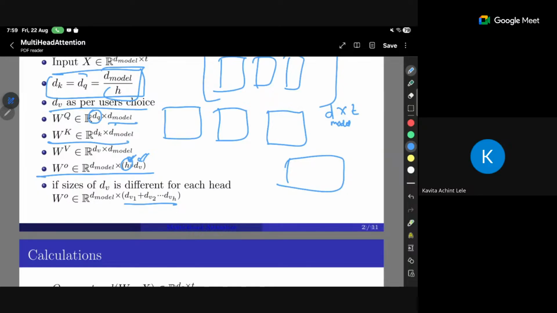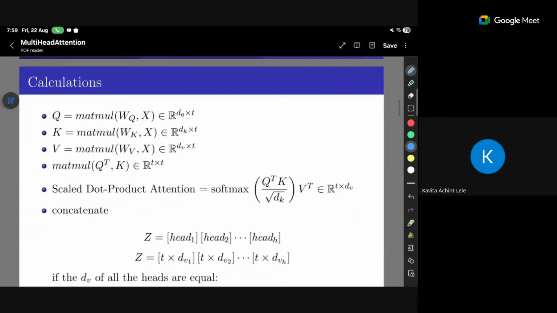That's how you'll produce the wo. Okay. If I show you the multiplication of, let's say, wq with x, then you'll get a matrix of dq cross t. Similarly you get dk cross t, dv cross t, and the final q transpose k multiplication will produce a t cross t matrix. And if you multiply by v transpose, you'll get t cross dv.